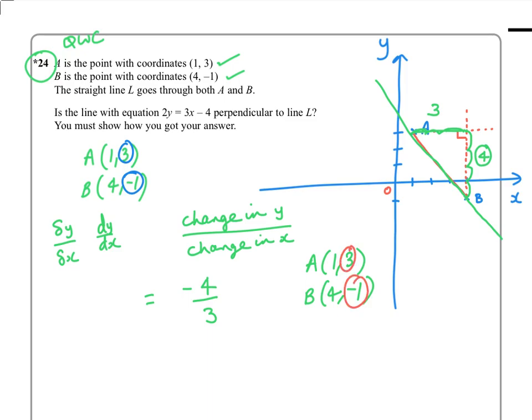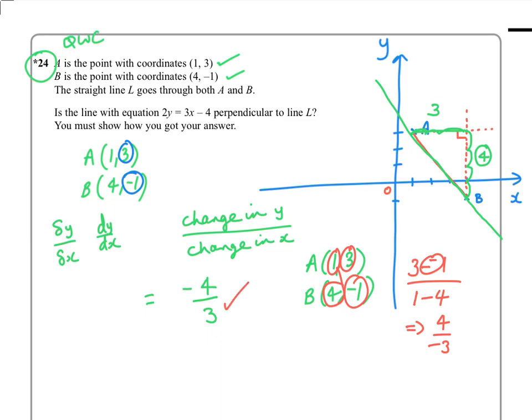Now there's two ways of doing that. You can either do 3 take away -1, and then do the same here, 1 take away 4. That will give you 3 add 1 over 1 minus 4, which is -3, and that's again -4/3.